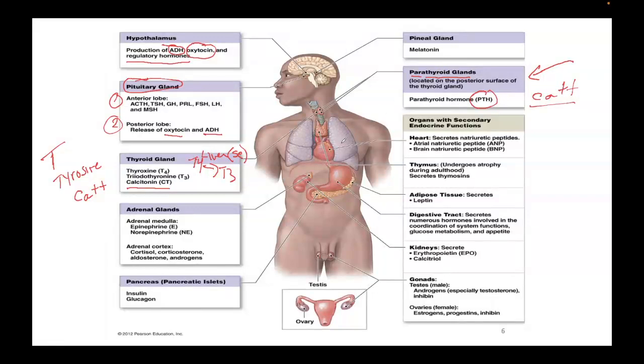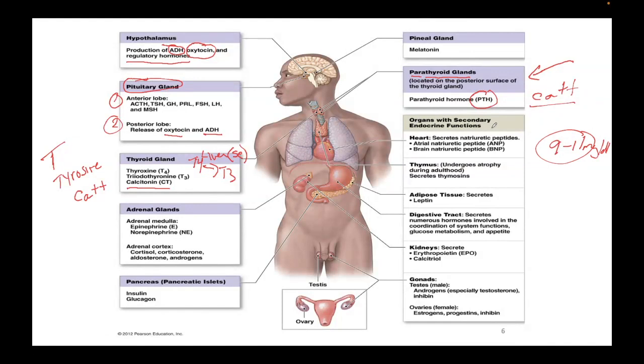You need calcium for bone strength. You need calcium for muscle contraction and nerve impulses. So we need some calcium. And it has to be a very, very tight window, something like 9 to 11 milligrams per deciliter, right? It's only 9 to 11.